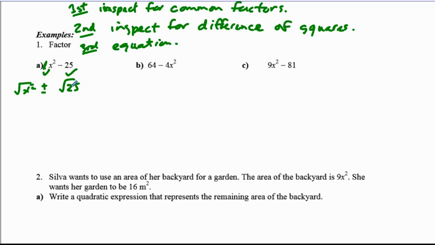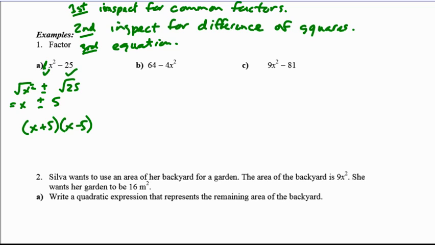You could get positive 5 times positive 5 is 25, and you can get negative 5 times negative 5 is positive 25. So you would have x, and you would have a 5, plus or minus. All this means is that we can write it twice. We can say that the equation then is x plus 5 and x minus 5. And those negatives will end up canceling in that middle term.